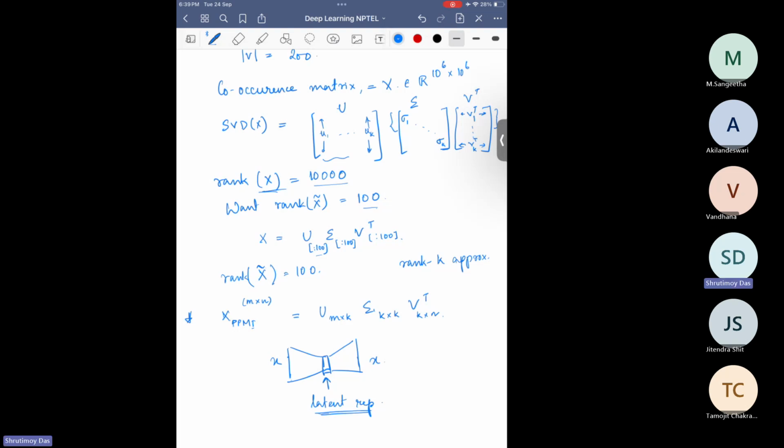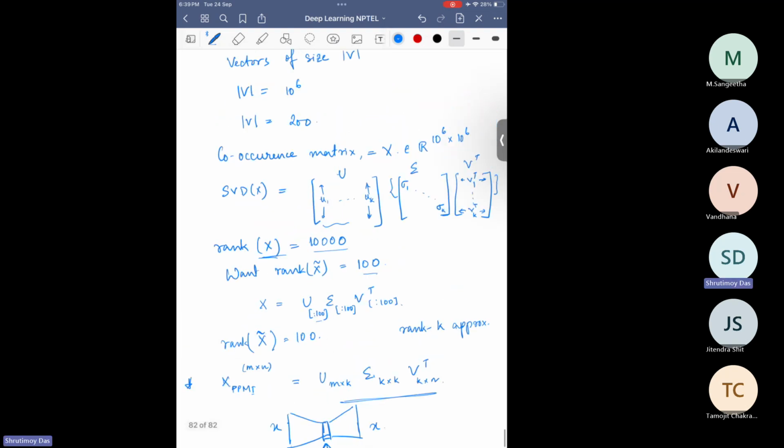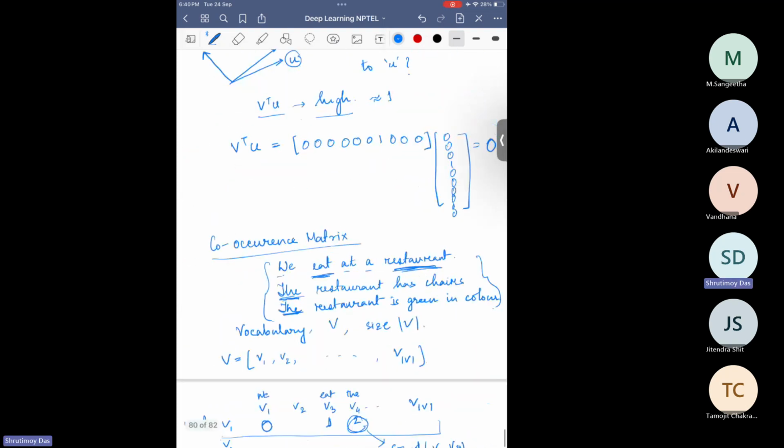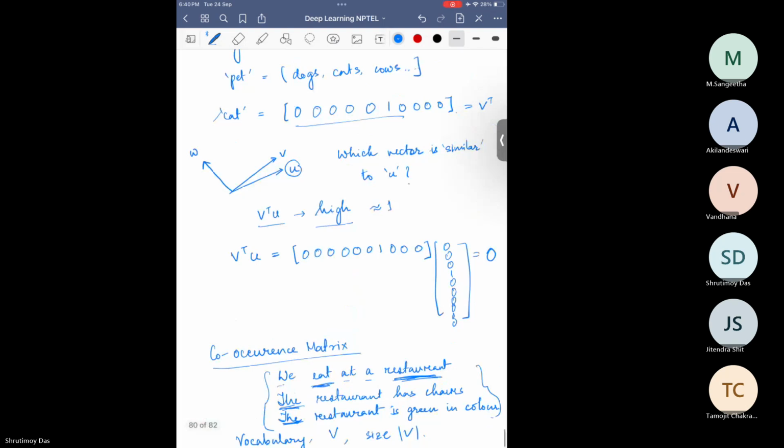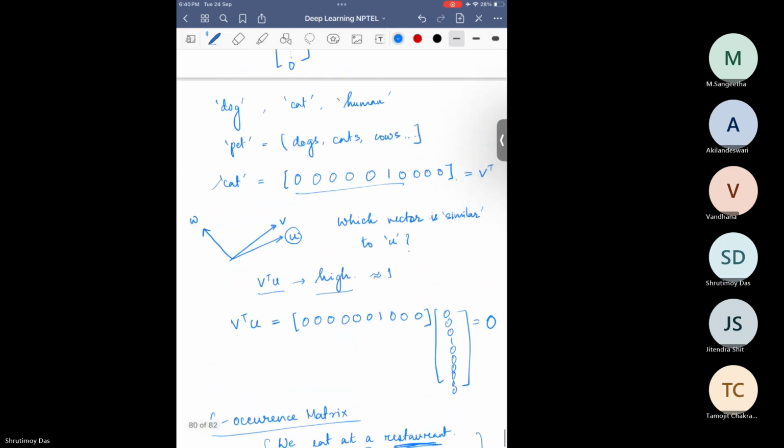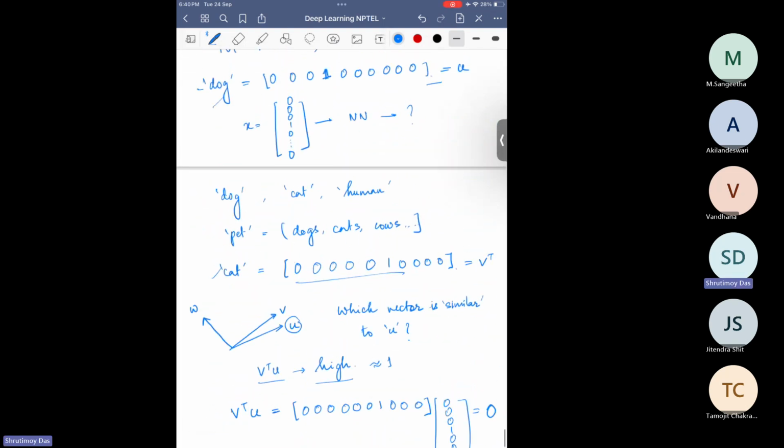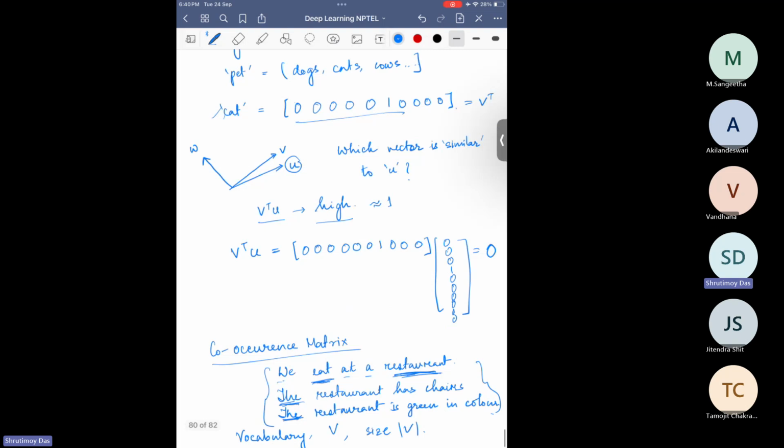So now when we do this SVD, it also captures the latent representations of the vectors. By that I mean, in our case, what latent representation did we want? We wanted that if two vectors, say dog and cat, are similar, then they should be close to each other in the representation.